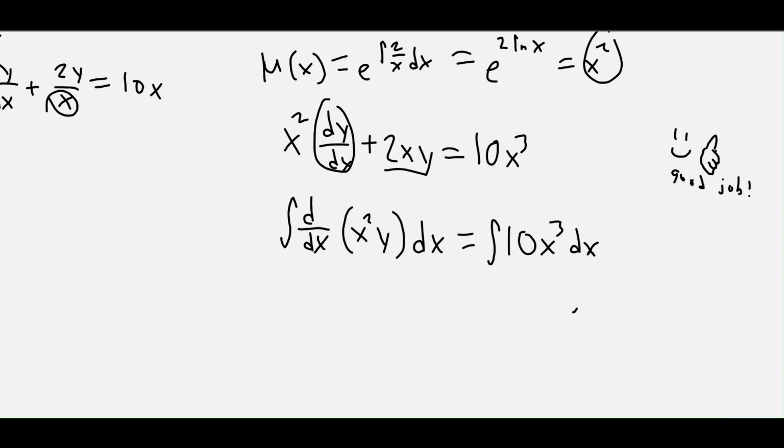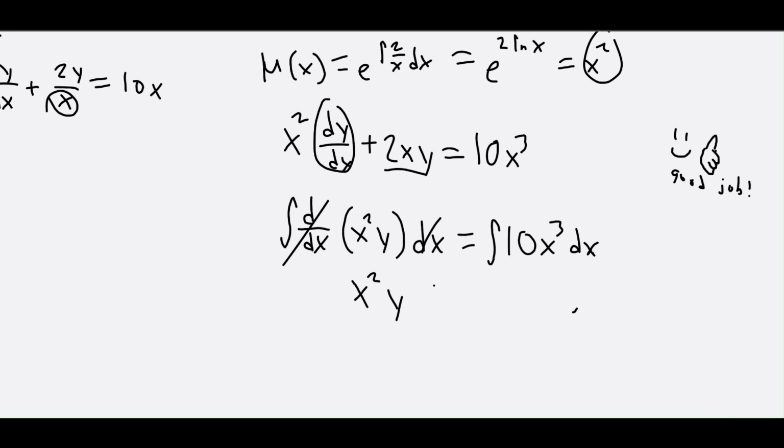Okay, what next? Well, obviously you integrate both sides. And when you do that, that gives us just x squared y. And you may be asking yourself, Kenny, why does that just give us x squared y? Well, it's because these cancel.